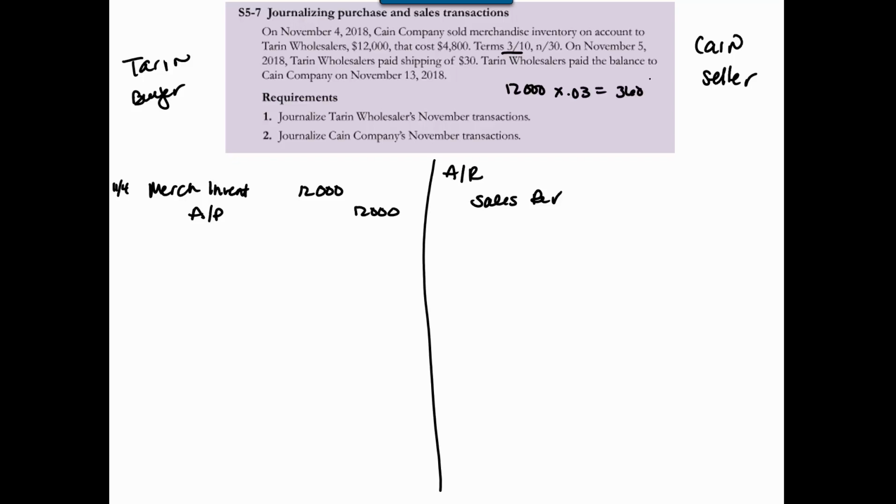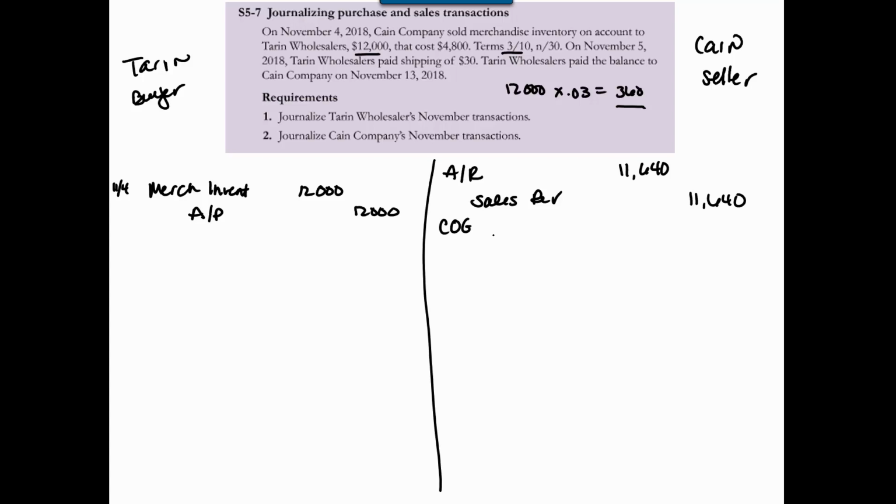So Kane, the seller, is just going to go ahead and assume right now that Taryn's going to take that discount. So I'm not going to say he's going to pay me $12,000. I am estimating that he's going to pay me $11,640, which is the $12,000 sale minus the $360 discount. And that's what I'm going to count as my sales revenue.